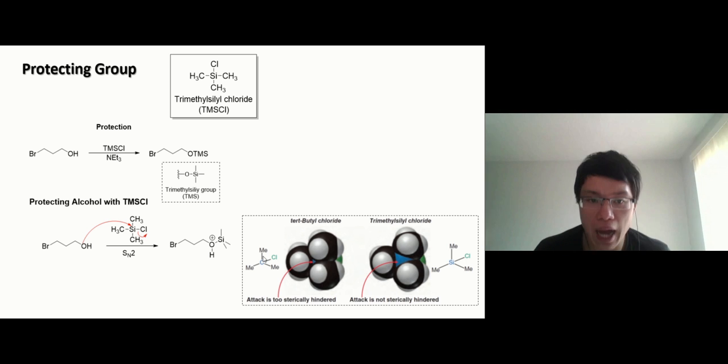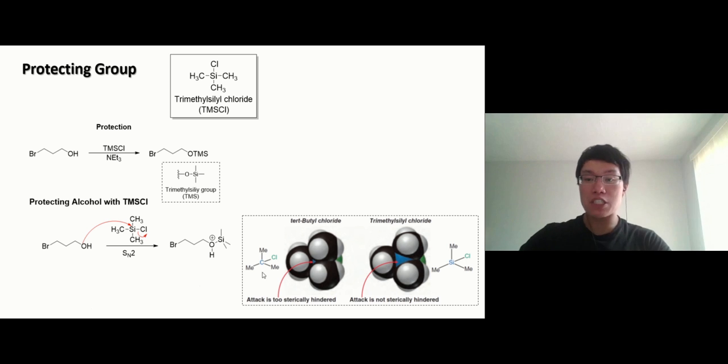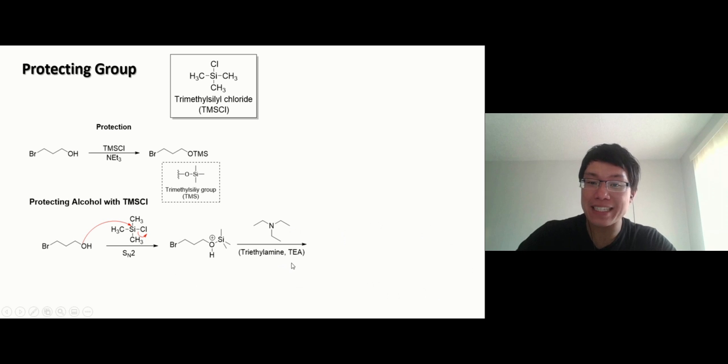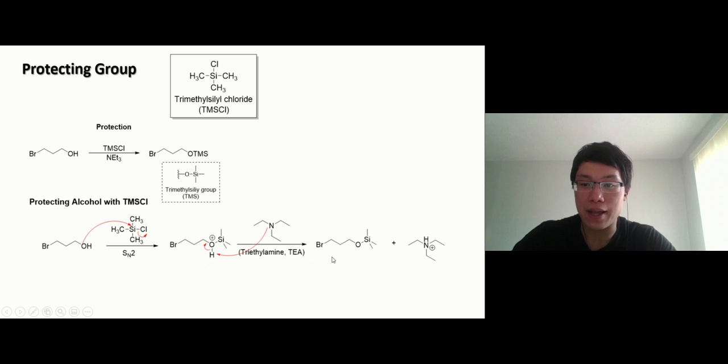Remember that? So there's much more space that the nucleophile can approach. Right? So this SN2 is allowed. And then we're adding triethylamine to deprotonate that proton there. And ta-da, you get the OTMS, which is the protected alcohol.